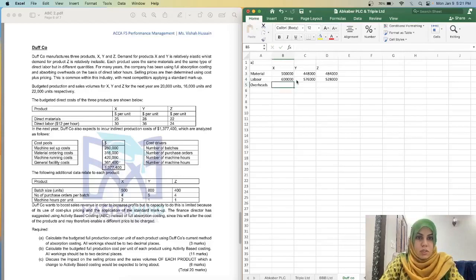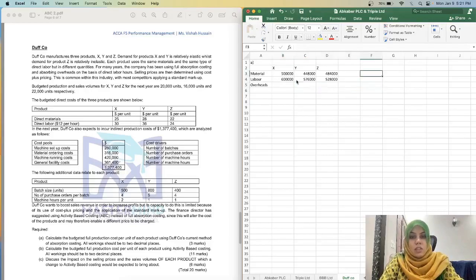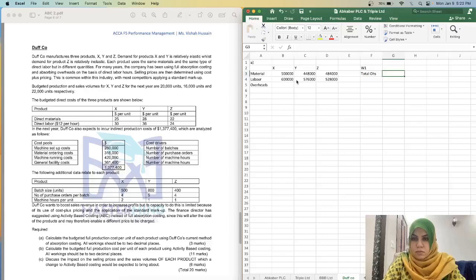So far all of this is clear, I believe. Now we have overheads. For overheads, they have mentioned that we use absorption costing, and while we were using absorption costing, we were absorbing the overheads based on direct labor hours. So overheads, total overheads, 1,377,400, total labor hours.